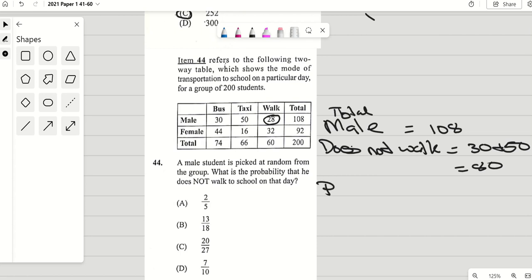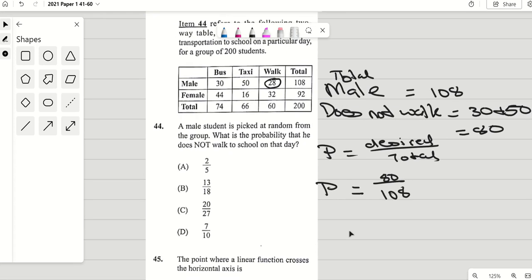So your probability again is your desired over your total. But because we're only talking about males, it makes no sense including your females as well, right? So your probability is equal to your desired, which is 80 over 108, right?